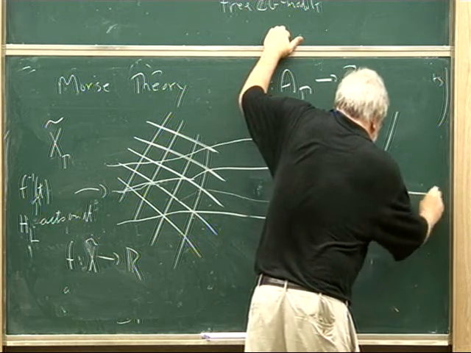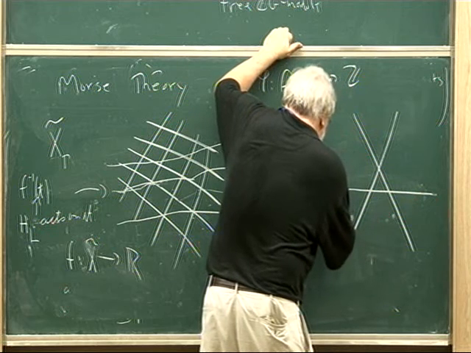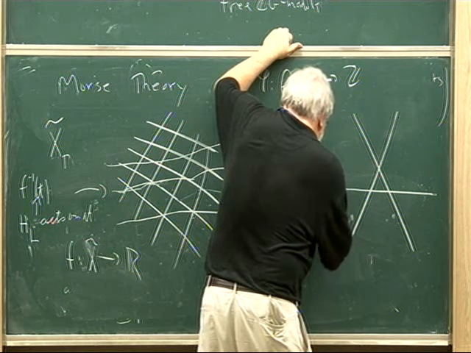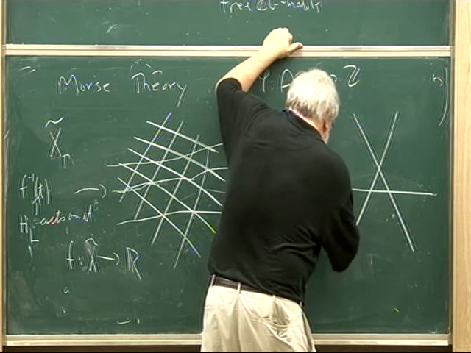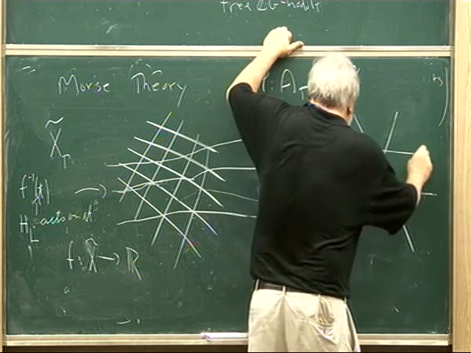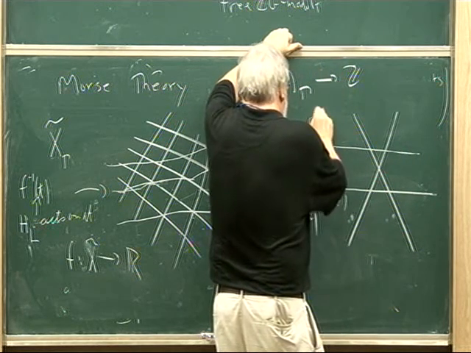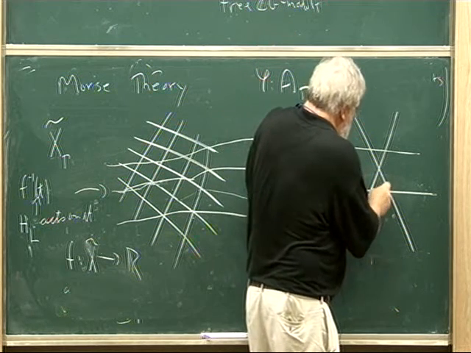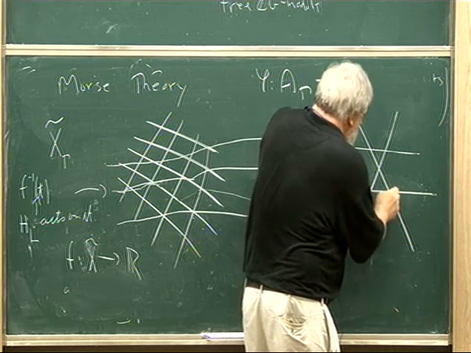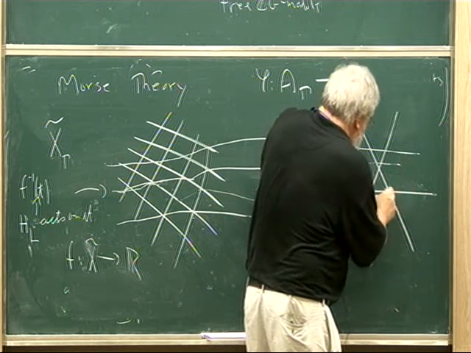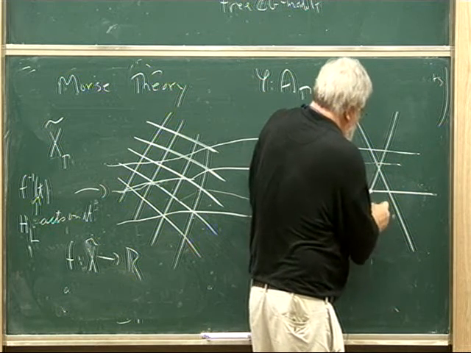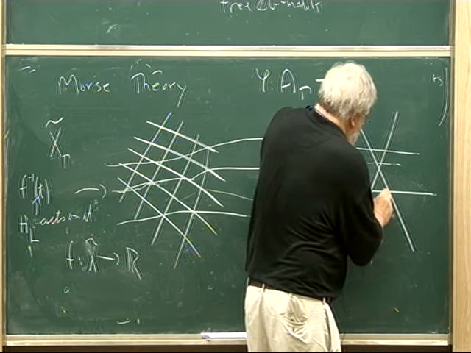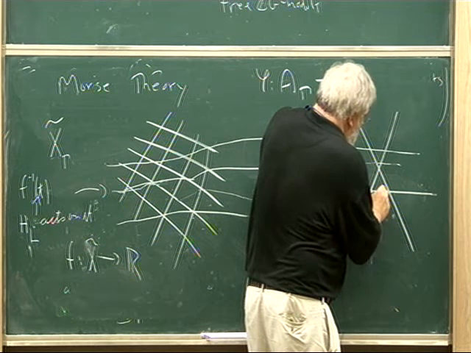Say below, here's F inverse of T minus epsilon, and here's F inverse of T plus epsilon. And the way it's changed when it goes across this vertex is basically the level set has changed by, well, here, it looks like it's whatever is in here.